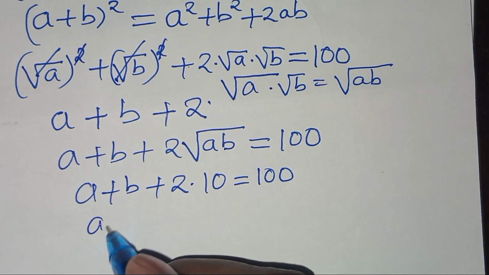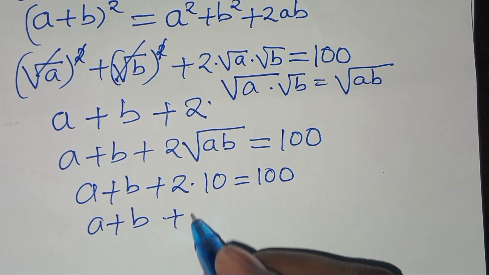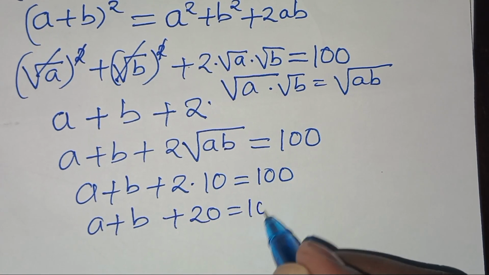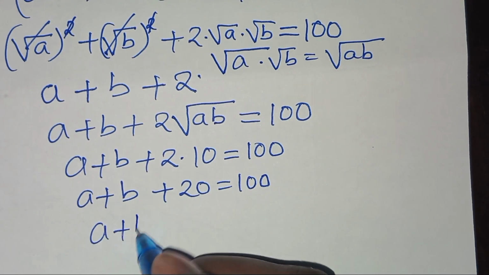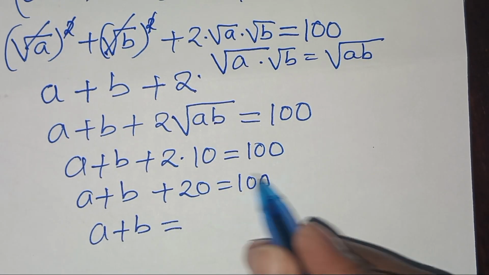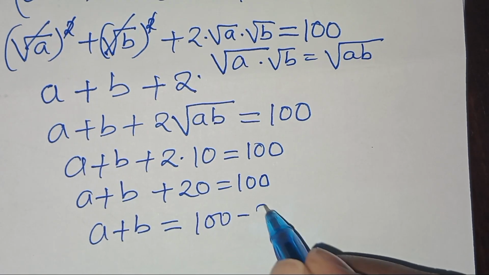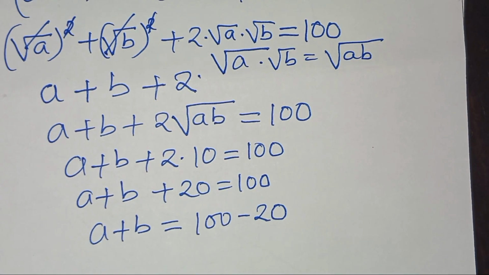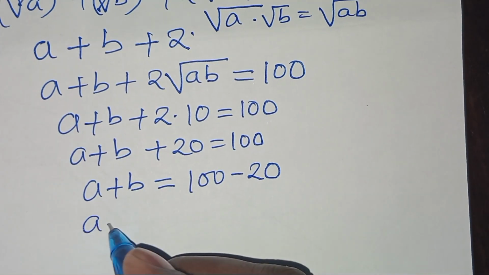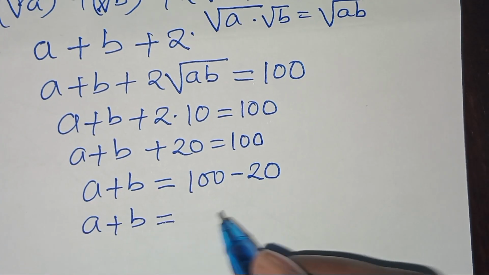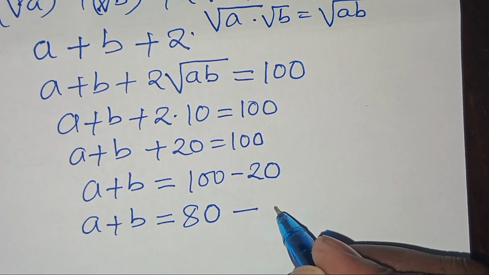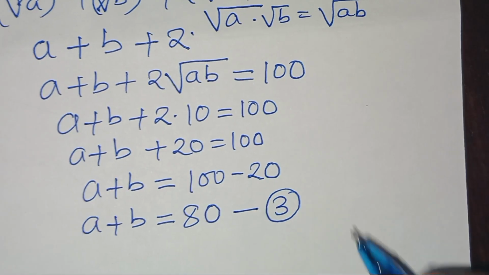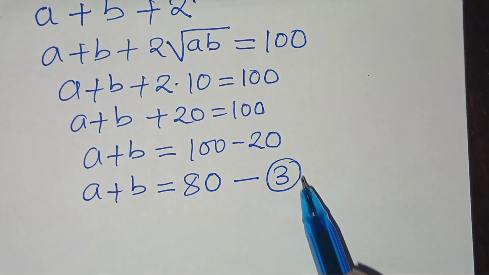So this is a plus b plus 20, equal to 100. So here we have a plus b equal to 100, subtract 20, so that now a plus b is the same thing as 80. Let's call this equation 3.